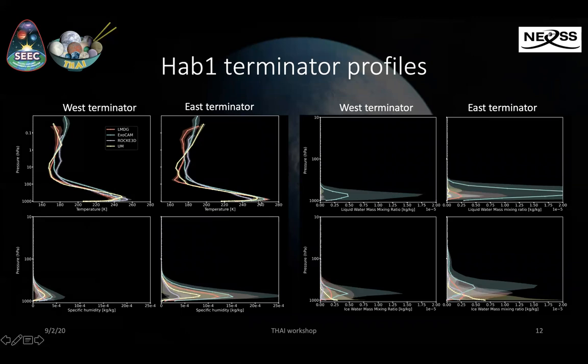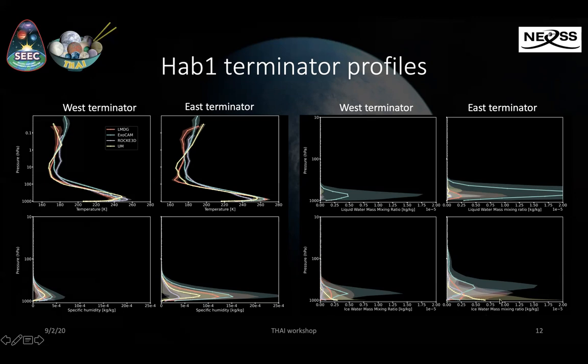We see a nice temperature inversion near the surface at the terminator, because the warm air from the day side is advected toward the night side, and you end up with the first layer of the atmosphere warmer than the surface itself. If you look at the specific humidity, we see that there are different levels depending on the GCM. ExoCAM is the one that produces the most water vapor, followed by LMDG, UM, and ROCKE-3D.